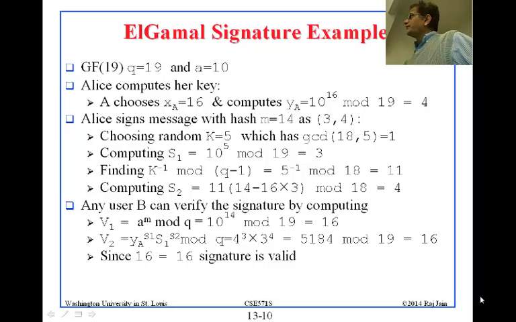Where is YA? YA is right here, 4. 4 raised to S1, 3 times 3 raised to 4, S1 raised to S2. That gives you 16. 16 is equal to 16, digital signature is valid. Okay?